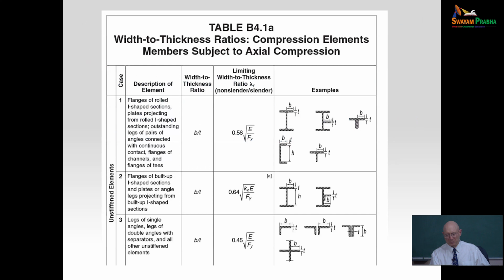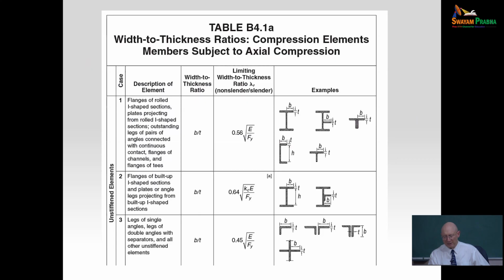So then there's tables in AISC, and so basically, how do we define where we are? We look at width to thickness ratios and compare those to limits. And so this table shows some of those limits, and then I'm going to kind of zero in on cases 1 and 2 here in the next few slides.